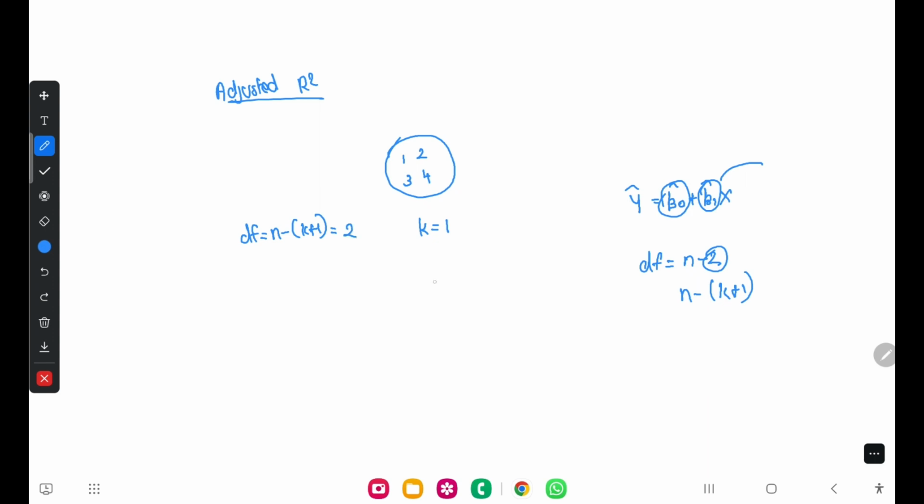Is 2. Now if we increase the independent variables to 2, it's going to be 1. If we increase it further, degrees of freedom is going to reduce to 0. So as you can see, when I increase the independent variables, the degrees of freedom reduce.